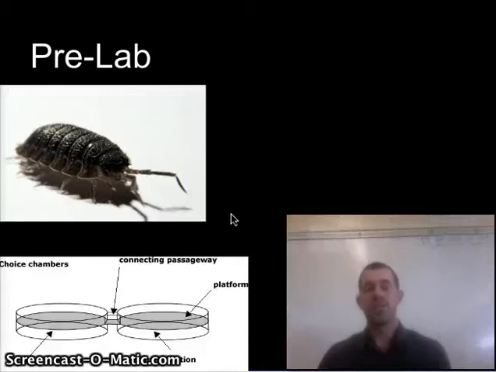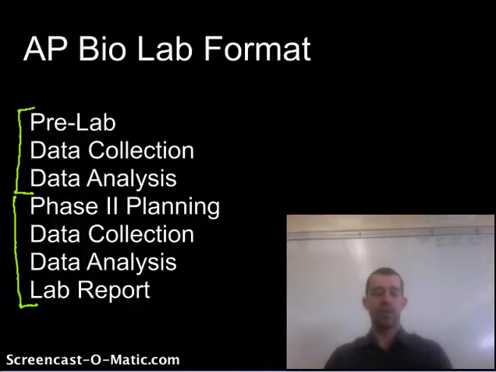Okay, so in this video, we're going to be talking about the actual format of a lab in AP Biology. These labs are going to be broken up into two parts. The first part is the part where it's largely teacher directed.